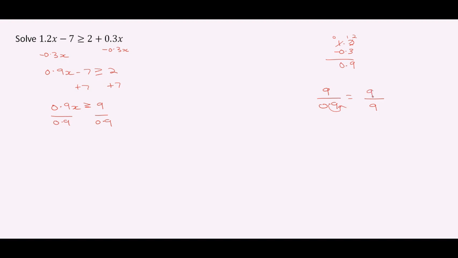So we're going to add a 0 because we're moving to the right. 90 divided by 9, that's 10. So x is greater than or equal to 10. So this is 0, this is 10. Greater than or equal to, we have a closed circle. So x is greater than or equal to 10.